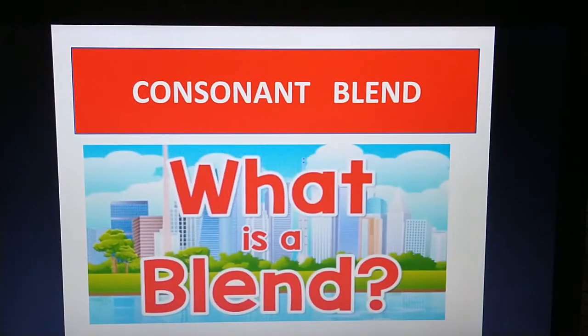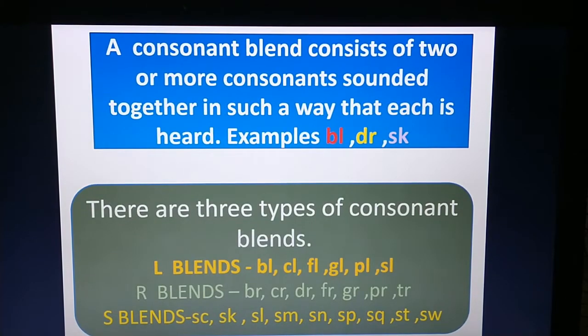So first we will learn what is a blend. Now I have shown you that blend is mixing something or joining them together. So a consonant blend consists of two or more consonants sounded together in such a way that each is heard.